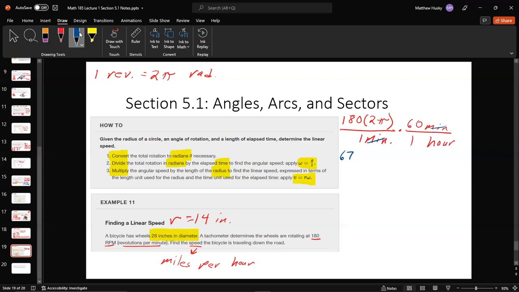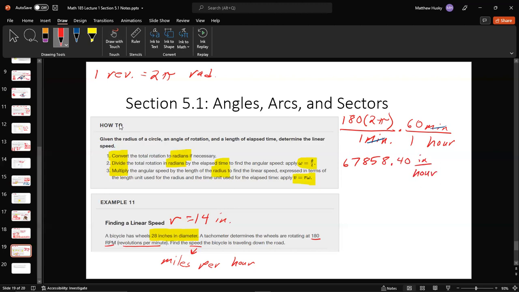67,858.40. And that is going to be inches per hour.